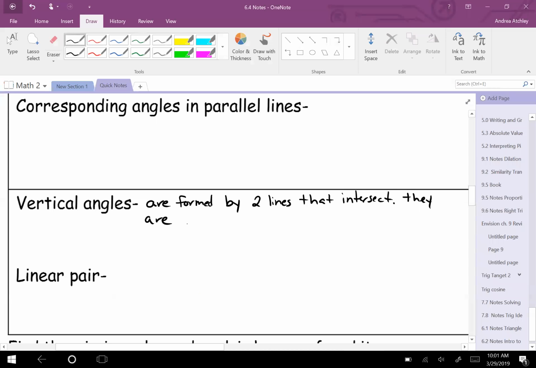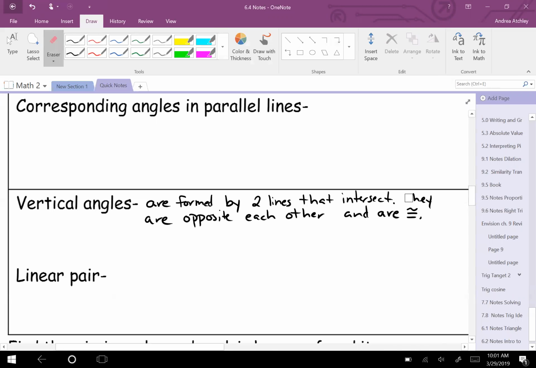They are opposite each other. And are congruent. Okay, vertical angles are formed by two lines that intersect. They're opposite each other and congruent.